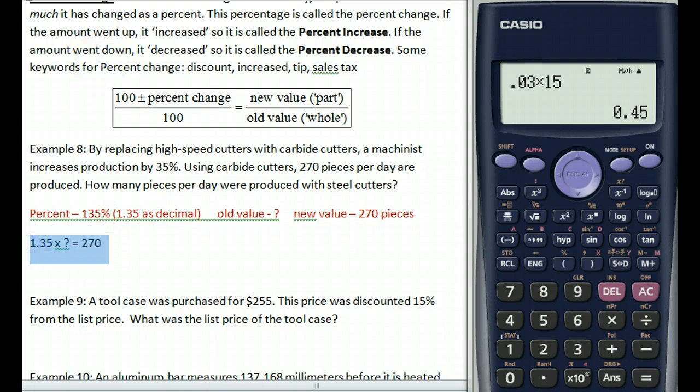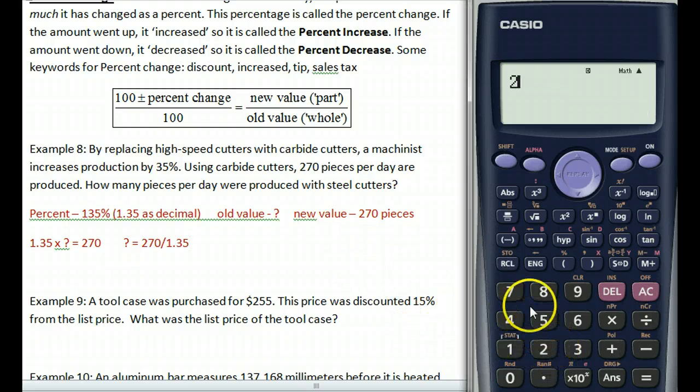So whenever the question mark is multiplying a number, to find the question mark, we divide by that number. So I take 270 divided by 1.35. If I'm given the new value and I want the old value, it's a division problem. If I'm given the part and I want the whole, it's a division problem.